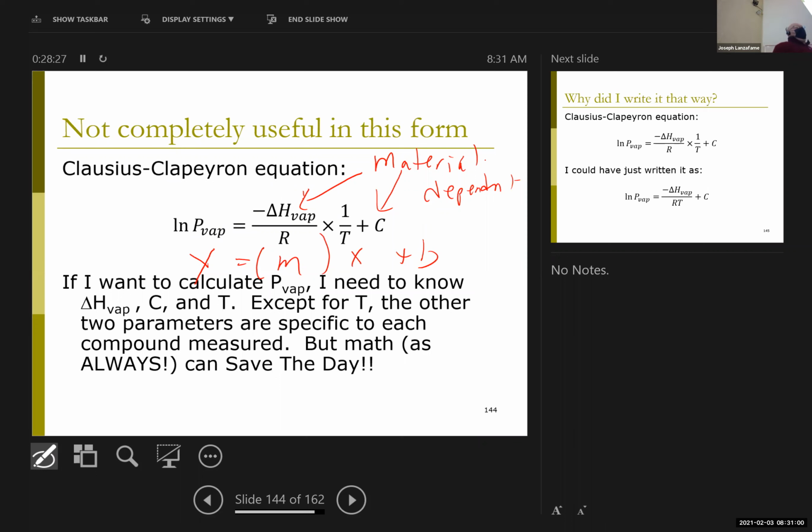All right. And this equation in this form is perfectly reasonable. It's perfectly useful, and it's really a great idea if you're making a graph, because it's already in y equals mx plus b form. It's also perfectly usable as an algebraic expression. If I happen to know delta H, R, and C for my specific substance, plug in any temperature and I get the vapor pressure.